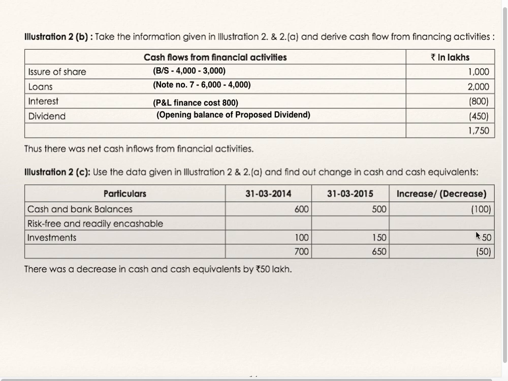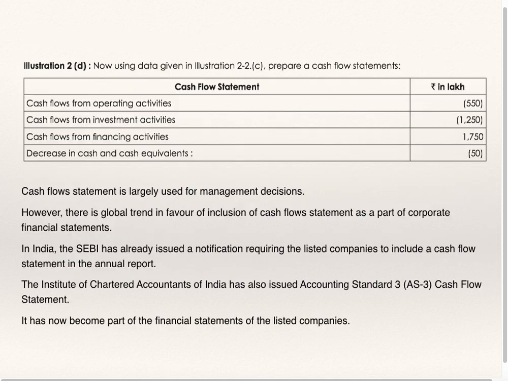So increase is 50. If you add these two, cash and cash equivalent opening is 700, closing is 650. So net decrease is 50. There was a decrease in cash and cash equivalent by rupees 50. Rupees are in lakhs.